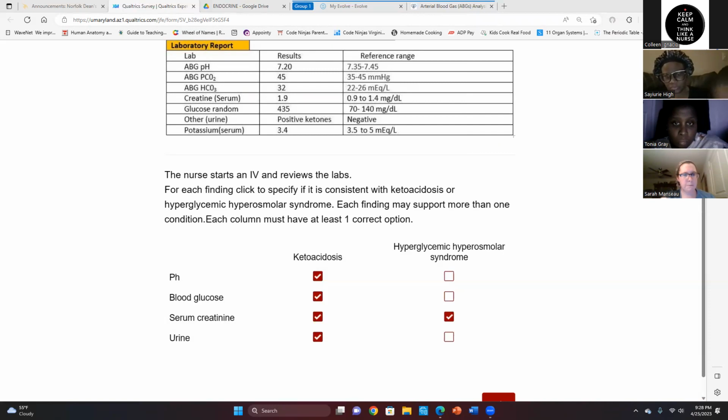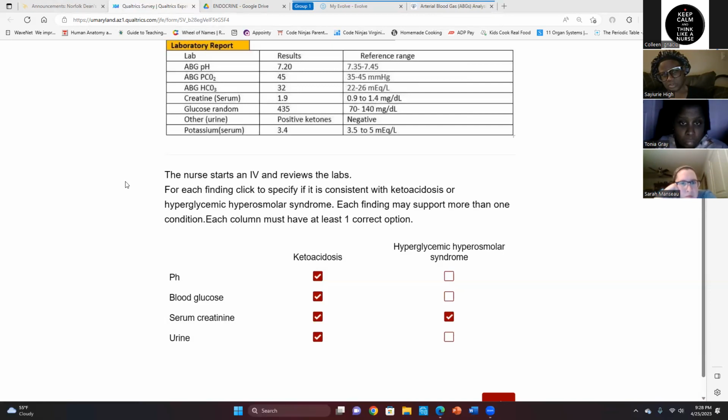So let me just pause for a moment to talk about HHS. It's hyperglycemic hyperosmolar state, an acute, life-threatening complication of diabetes, characterized by elevated blood glucose levels greater than 600 mg per deciliter.